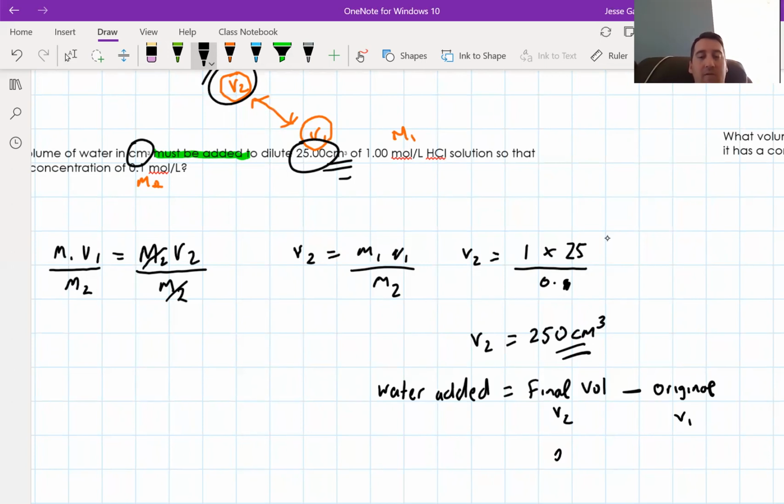So in this case, I have 250 centimeters cubed, the final volume. I'm going to take away the original 25 centimeters cubed, and that will give me 225 centimeters cubed. That's the amount that was added, and that's my final answer.